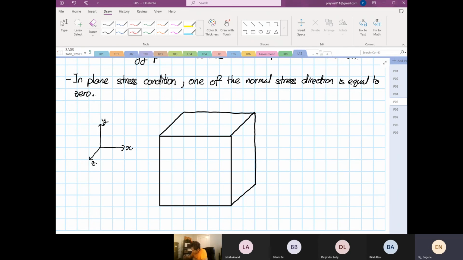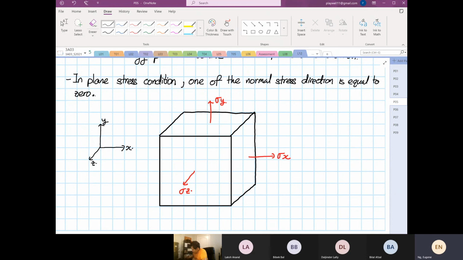These are our directions: stress X, stress Y, and stress Z. You realize that I did not draw any shear, which means there's no shear at all.